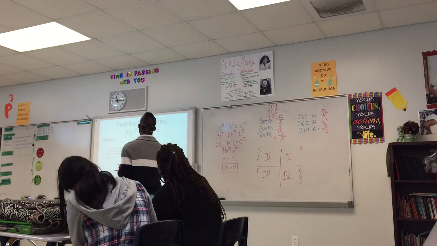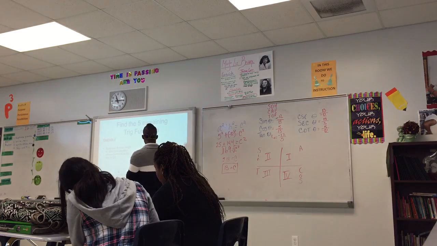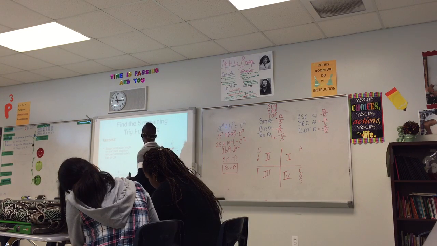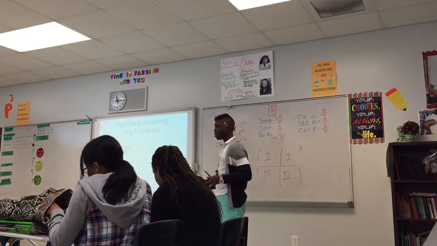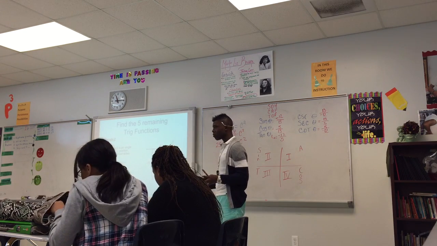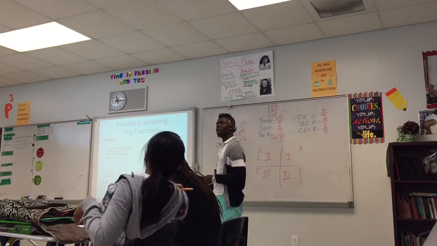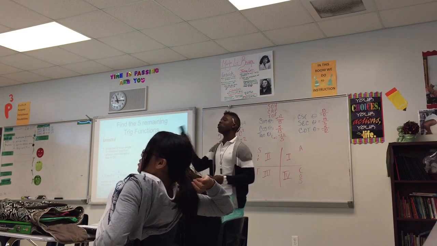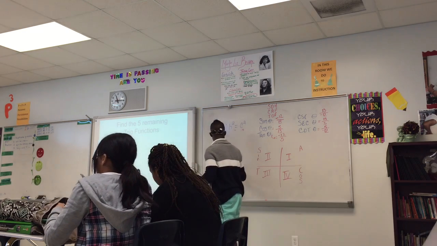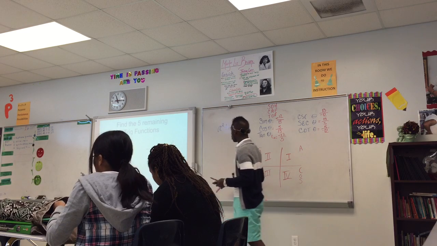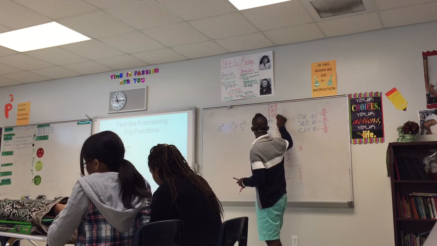Anyway, so now we know -4, we know 5, and what can we use to find our last side? We can use the Pythagorean theorem. A squared plus B squared equals C squared.